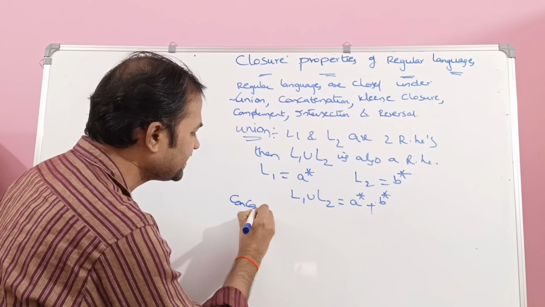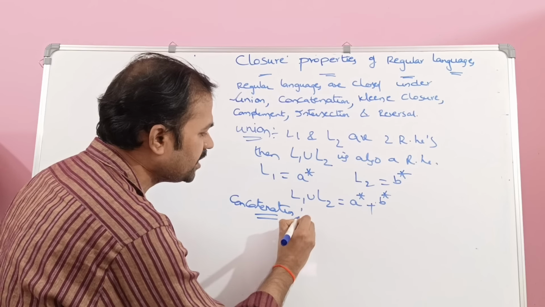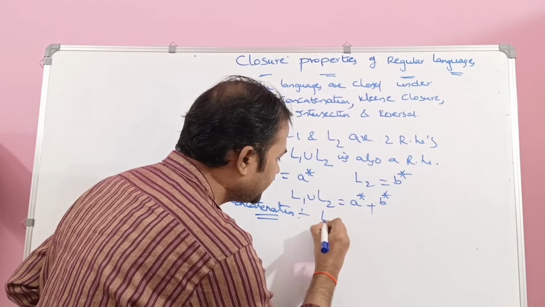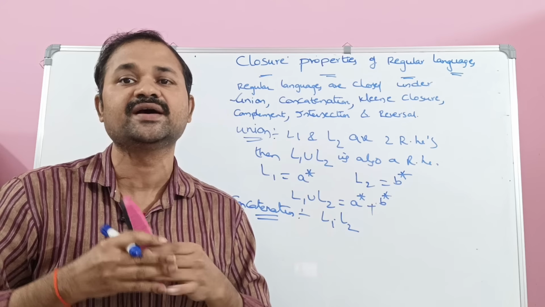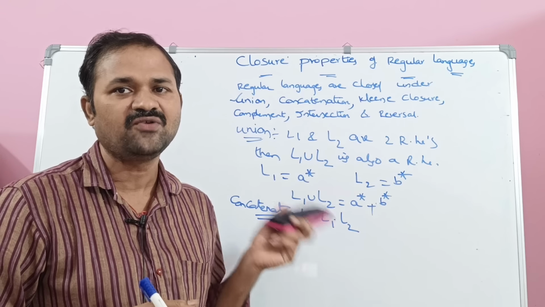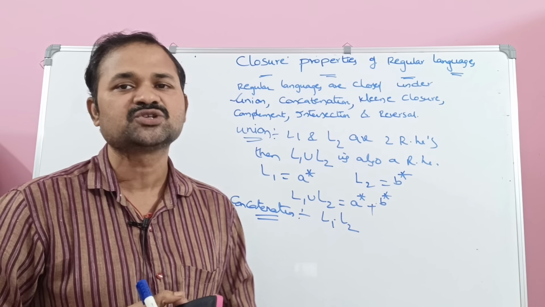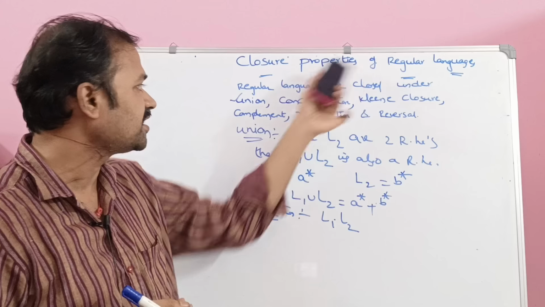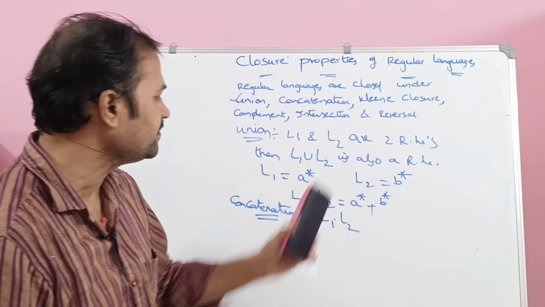The second one is concatenation. If L1 and L2 are two regular languages, then L1 dot L2 is also a regular language. Dot means concatenation. L1 followed by L2 is also a regular language. So that's why regular languages are closed under concatenation. Let us take the same example.